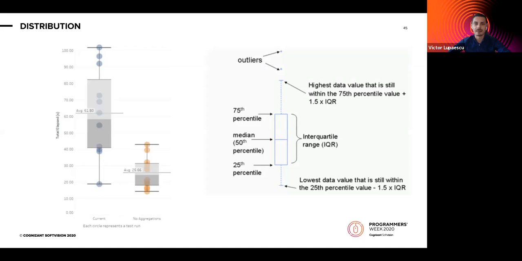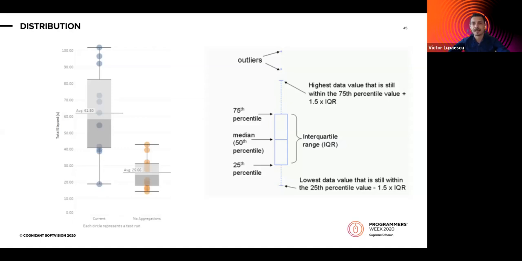Therefore I can determine that this is the 25th percentile, 75th percentile. So from here to here, I have the 25% best response times, then the other 25%, then the other, and then the other. In this case, there are no outliers, so I don't have points outside this line here.